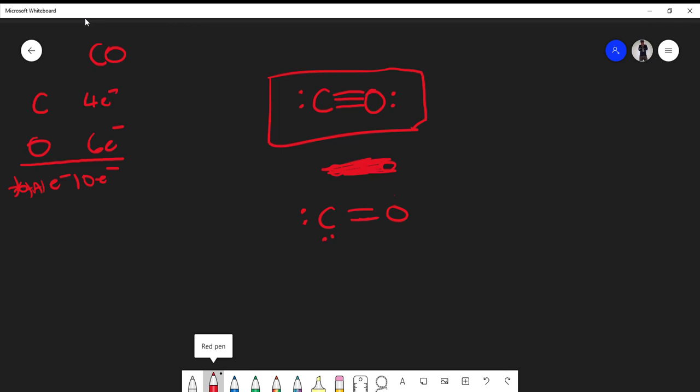And in this case, let's fill oxygen's valence. This would be 2, 4, 6, 8. Notice that the octets are actually satisfied for both of these, but let's count how many electrons we've used. We've used 2, 4, 6, 8, 10, 12. We've used 12 electrons here, which is not what we counted initially. So this could not be a plausible structure for the molecule, and neither could anything else that you may derive.